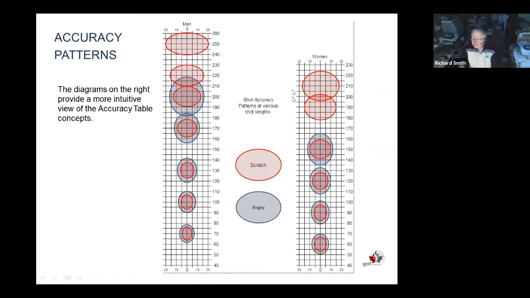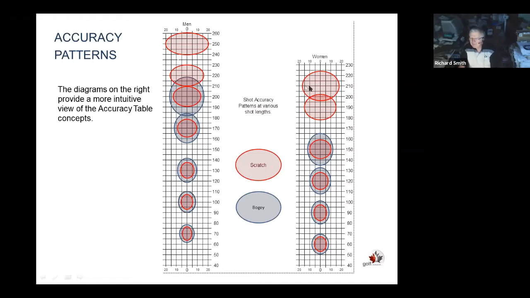Over here, we see the similar table or similar graphics for women, ending at the scratch woman's tee shot here, which is an average of 210. But you can see here, it could be as much as 15 yards in either direction, a total of 30 yards wide.